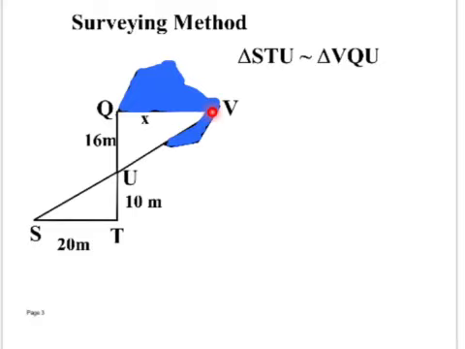So we set this up as QV, the length of QV, on top. And on the bottom I'm going to put the side that's proportional to QV, which is ST. Everyone see that? This side is proportional to this side.